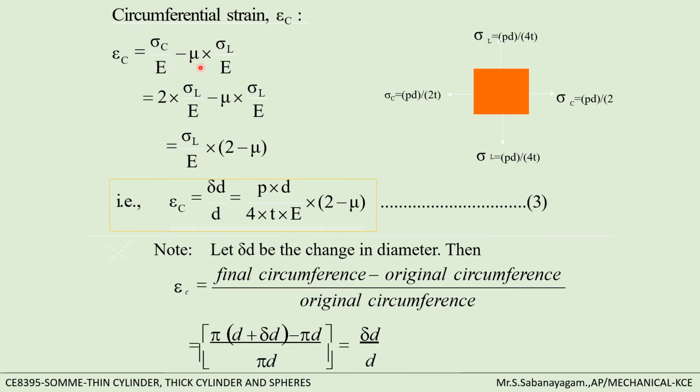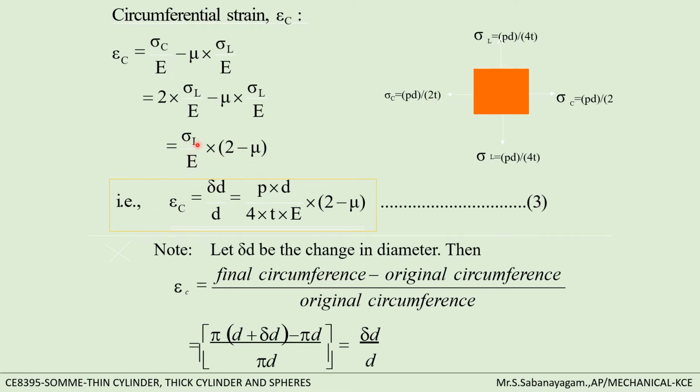Sigma L is the longitudinal stress, and as we know sigma c is equal to 2 into sigma L, that is circumferential stress is twice the longitudinal stress. Substituting, this relation becomes 2 into sigma L by E minus mu into sigma L by E. Sigma L by E is the common factor, so taking it out of the bracket, sigma L by E into 2 minus mu.